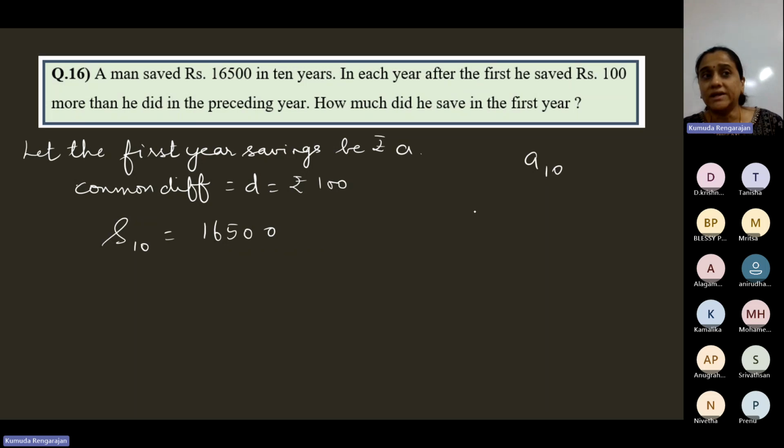But the savings of all the 10 years, A1 plus A2 plus A3 plus A4 till A10, is S10. A10 will be the savings only for that particular year. A9 is the savings for the 9th year. But what is 16,500? A man saved 16,500 in all the 10 years. So it is S10.